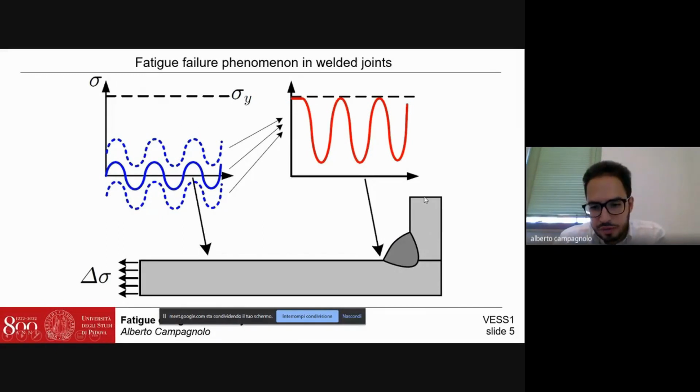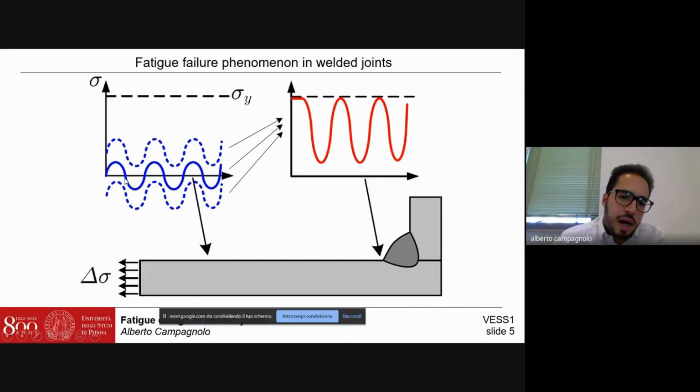When considering, for example, cruciform joints, as reported in this figure, subjected to pure axial loading, we can apply far from the weldments a load which is reported in blue color in this graph.